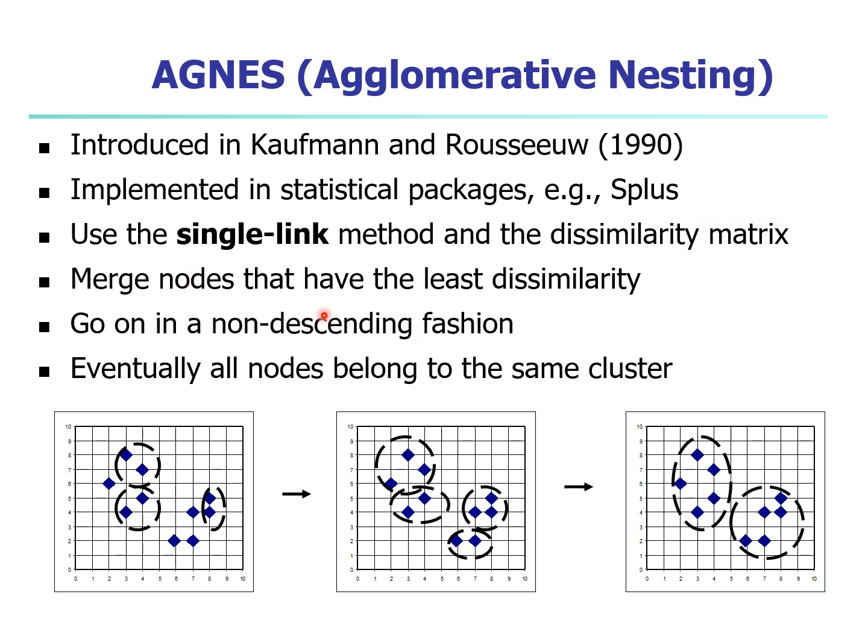Its approach is to merge objects that have the least dissimilarity. So the least, which means that they have the most similarity, are merged together. And it goes on in non-descending fashion until we end up having all objects in one single cluster.